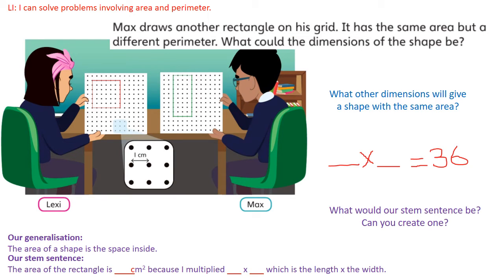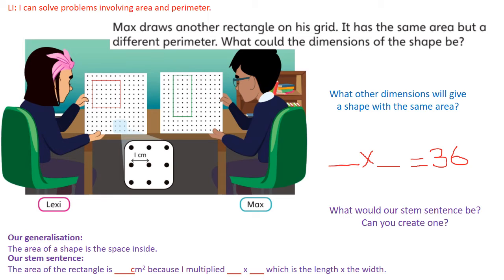So Max draws another rectangle on his grid. It has the same area, but a different perimeter. What could the dimensions of the shape be? So we want to find a shape where we can do something times something equals 36, with the somethings being the length of the sides.